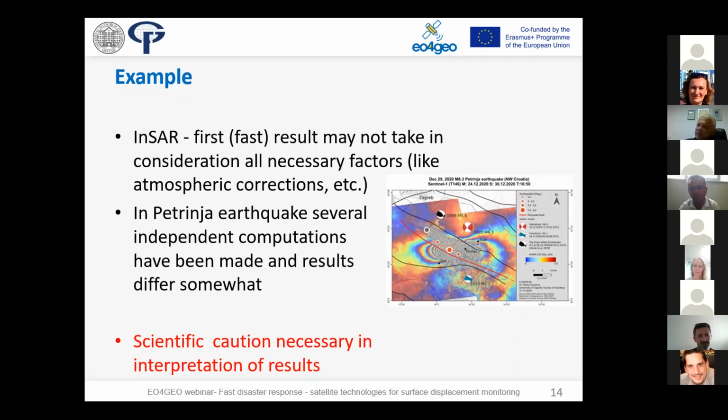So the differences were not extreme, but I would say also that they were not fully insignificant. So in this sense, there is definitely a space for further thorough computation and publication of reliable, correct data.